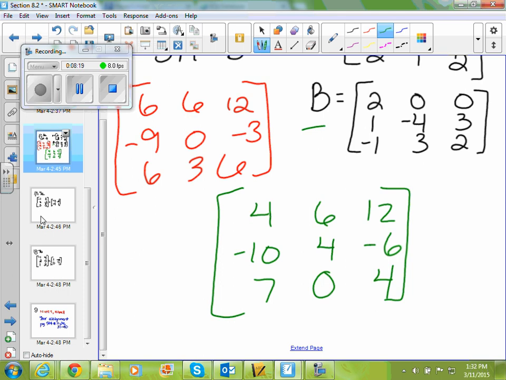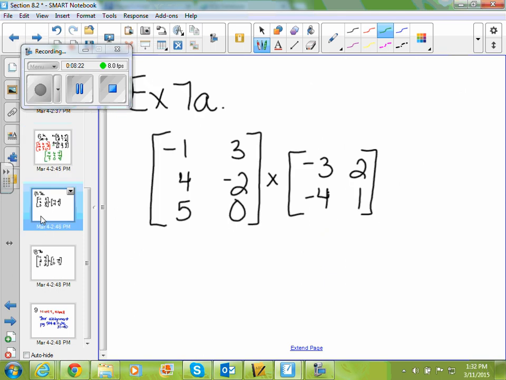Okay, and then the last thing that we're going to look at is matrix multiplication. When you're multiplying your matrices, I said you have to multiply them sideways.